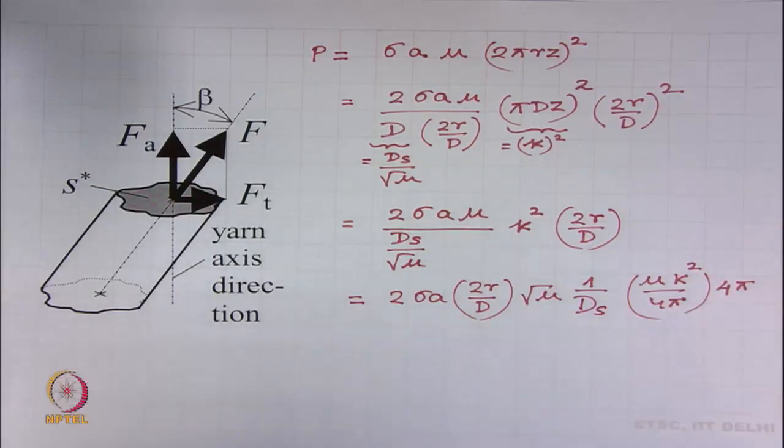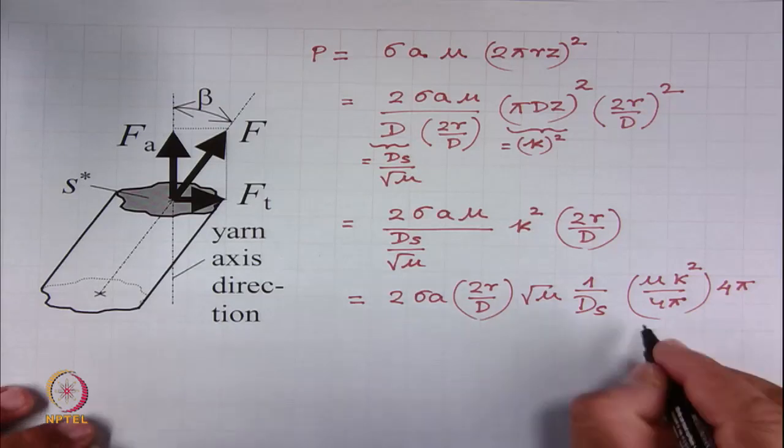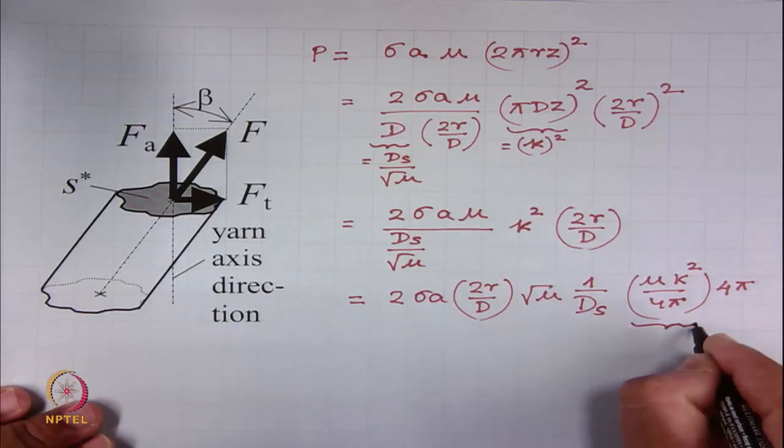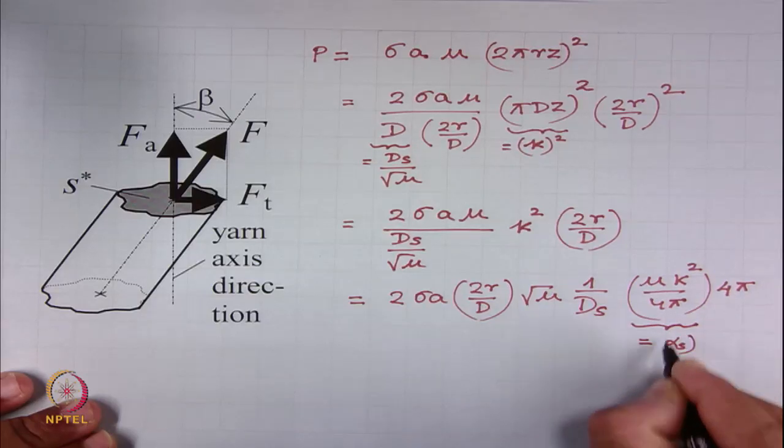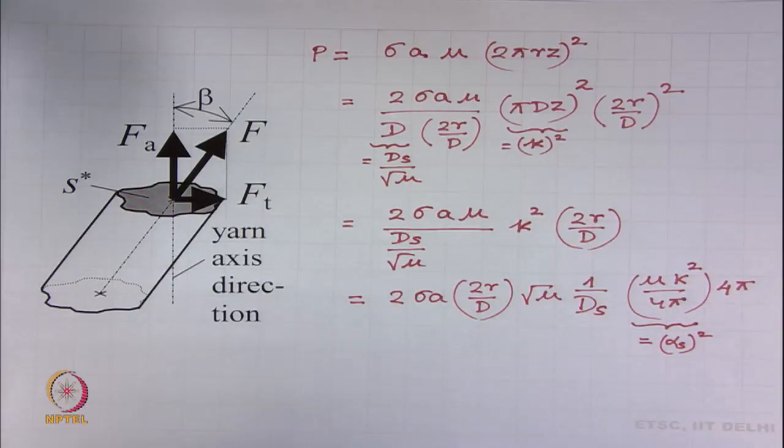Why do we write in this manner? Because this is equal to alpha s square. So, that is why we write in this manner.